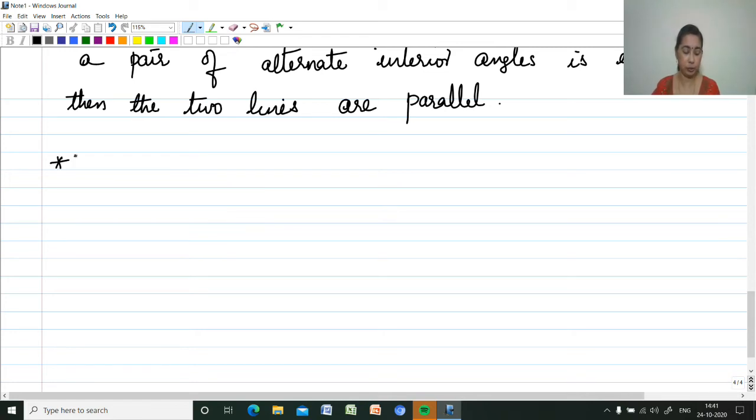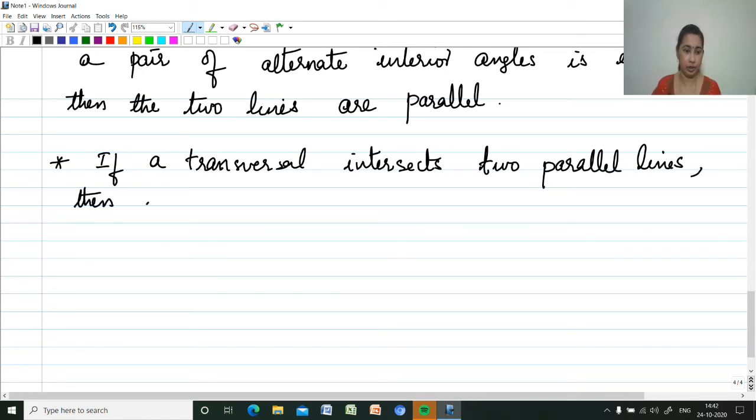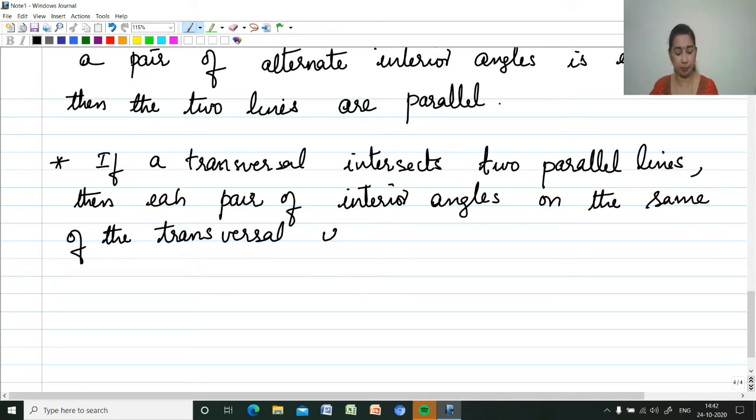So next one which we have to learn is, if a transversal intersects two parallel lines, then each pair of interior angles on the same side of the transversal is supplementary.